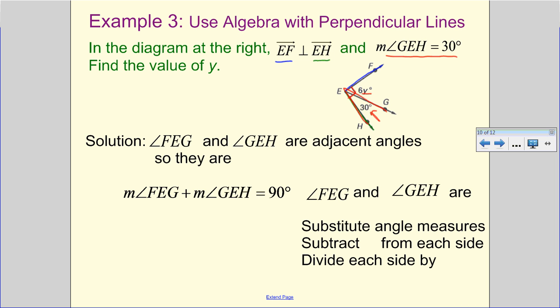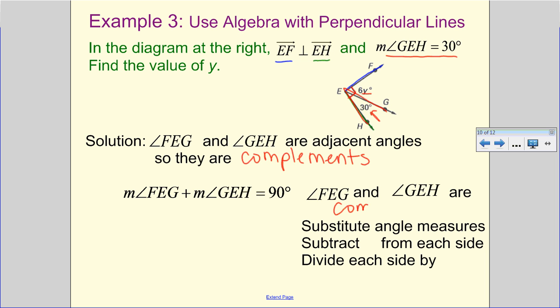So we know that FEG and GEH are adjacent angles so that they are complements. We had two rays intersecting at a 90-degree angle, so that meant the two angles inside there were complements. So measure of angle FEG plus the measure of angle GEH equals 90 degrees because FEG and GEH are complements.